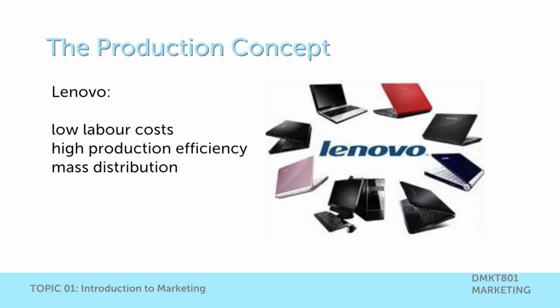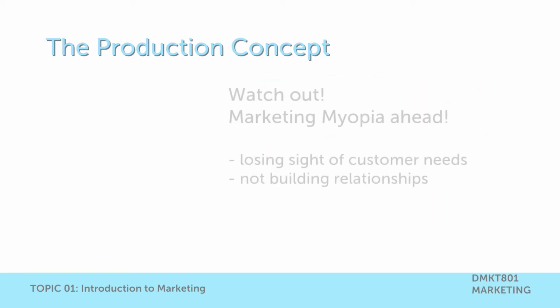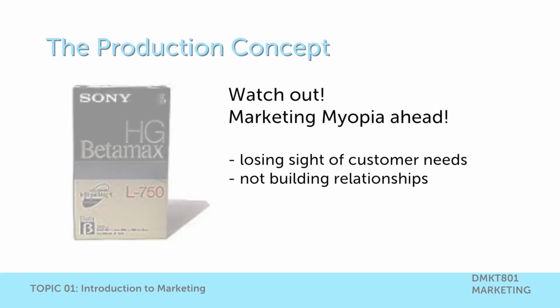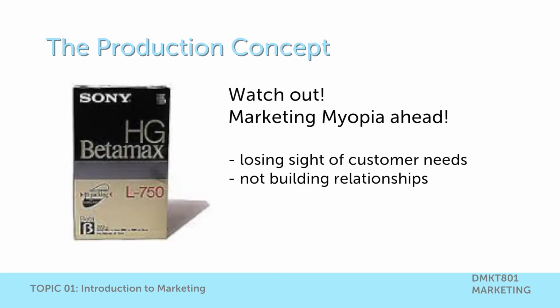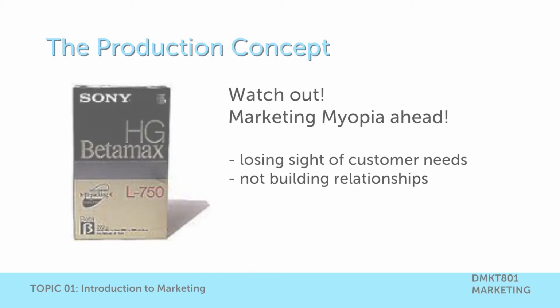For example, computer maker Lenovo dominates the highly competitive, price-sensitive Chinese PC market through low labour costs, high production efficiency, and mass distribution. However, although useful in some situations, the production concept can lead to marketing myopia. Companies adopting this orientation run a major risk of focusing too narrowly on their own operations and losing sight of the real objective: satisfying customer needs and building customer relationships.